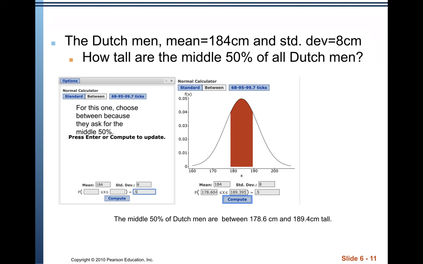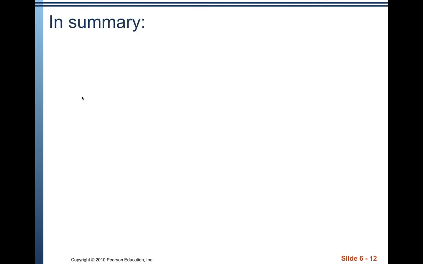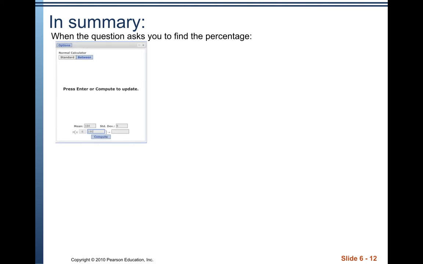So again, no difference except I put the percentage after the equal sign, and in this case, I had to choose between. To sum up, this is how we do everything on StatCrunch. When the question is asking you to find the percentage, we put the number they give us here.